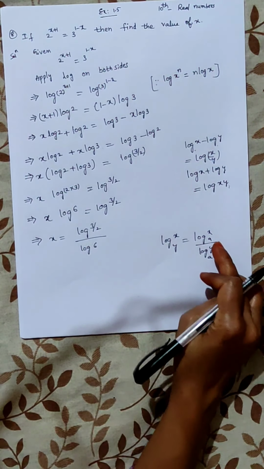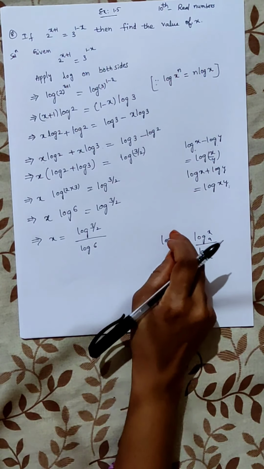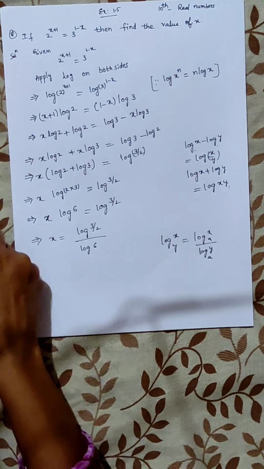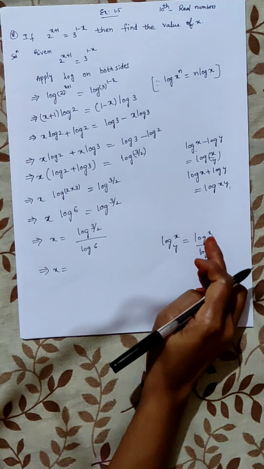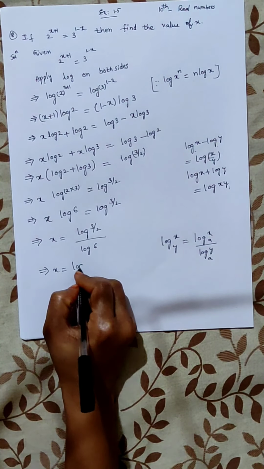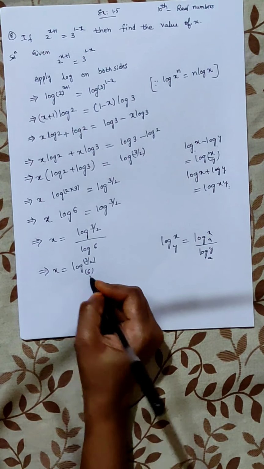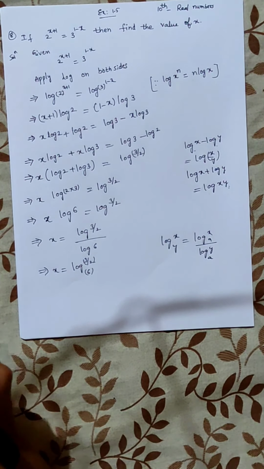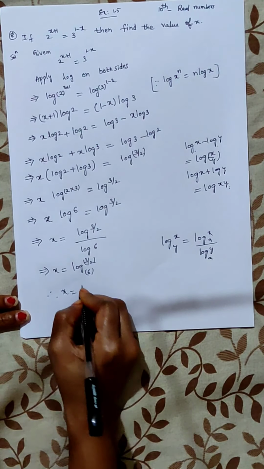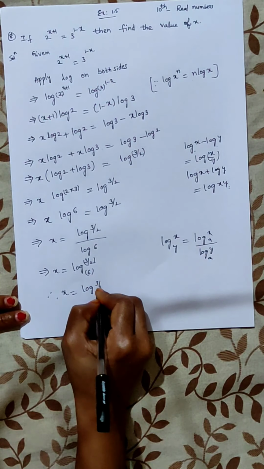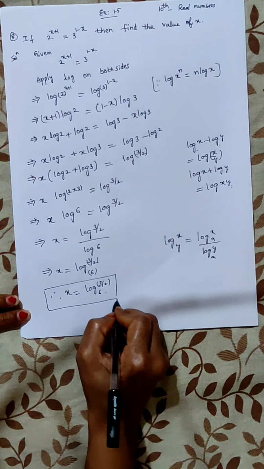So x equals log of 3 by 2 divided by log 6. Therefore x equals log 3 by 2 by log 6. This is the value of x. Have you understood?